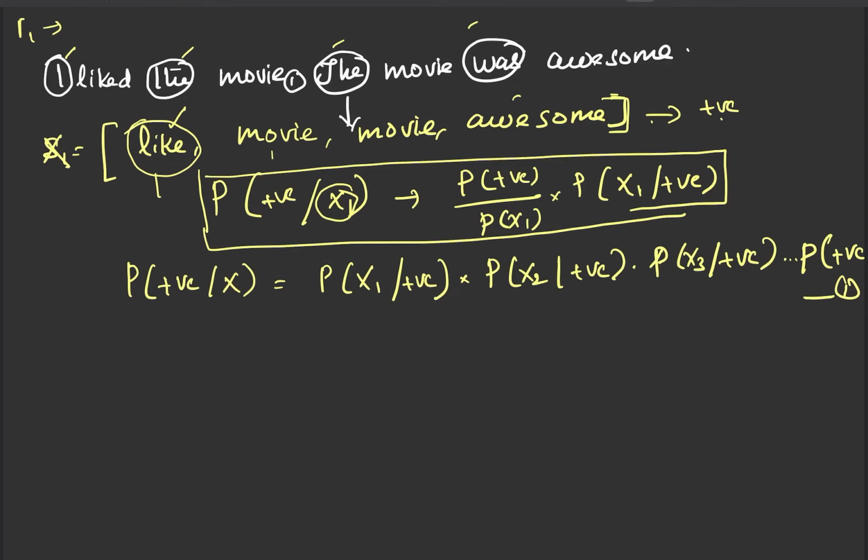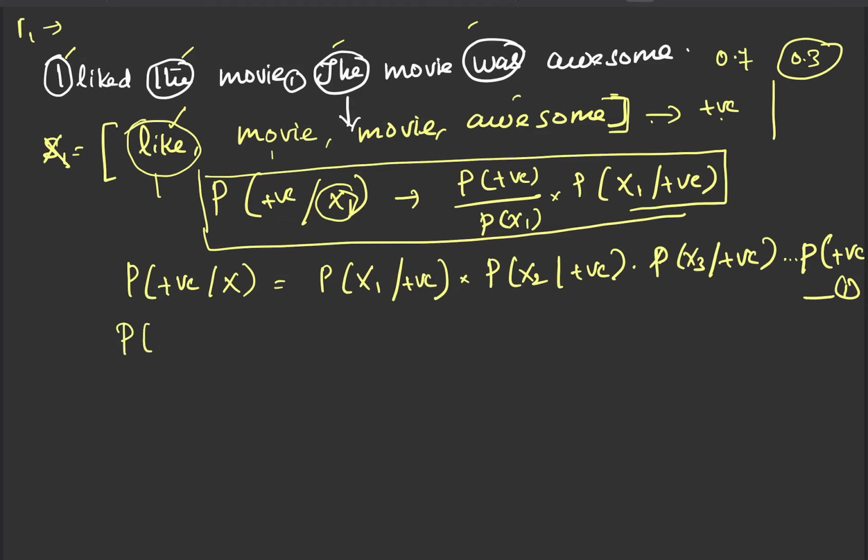Similarly, can we calculate a similar probability score for the negative? So, if it has the positive sentiment of 0.7, it may have the negative sentiment of 0.3. So, we want to measure this value as well. How do we calculate it?